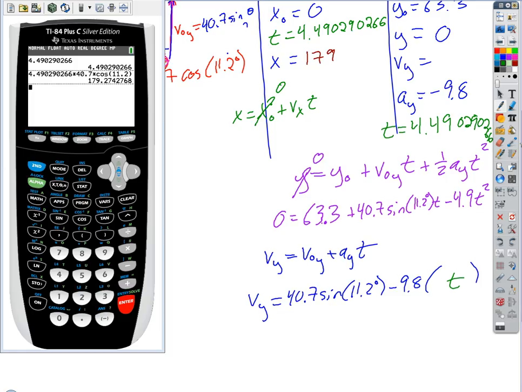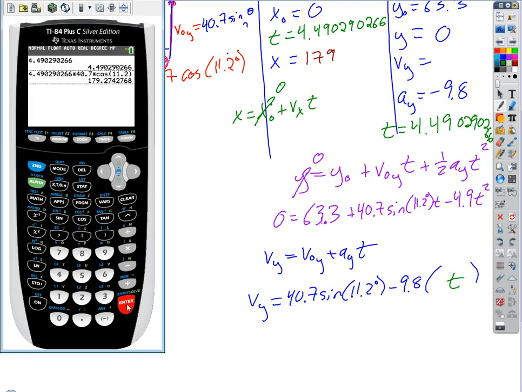So we get 40.7 sine 11.2 minus 9.8 times that guy.